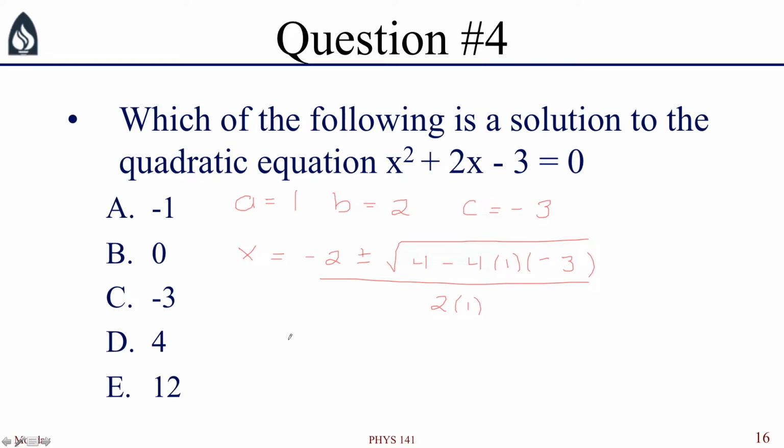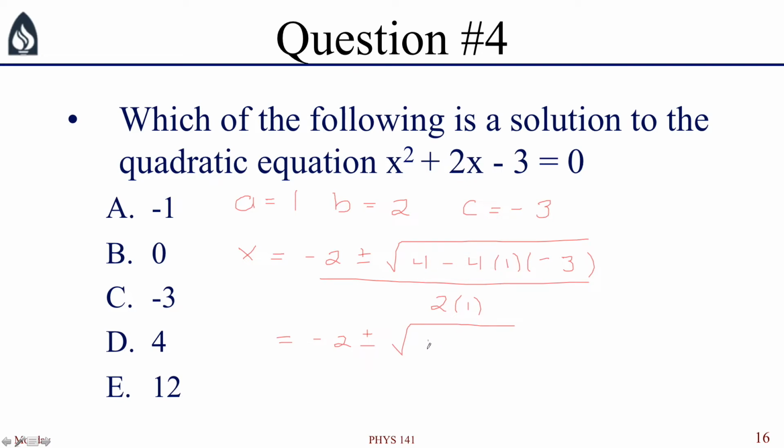Okay, so if I simplify this expression further, I would have a negative 2 plus or minus, and then the number under the square root turns out to be, well, let's see, if I multiply a negative 4 times a negative 3, that gives me a positive 12. And then if I add 4 to that, I get 16.